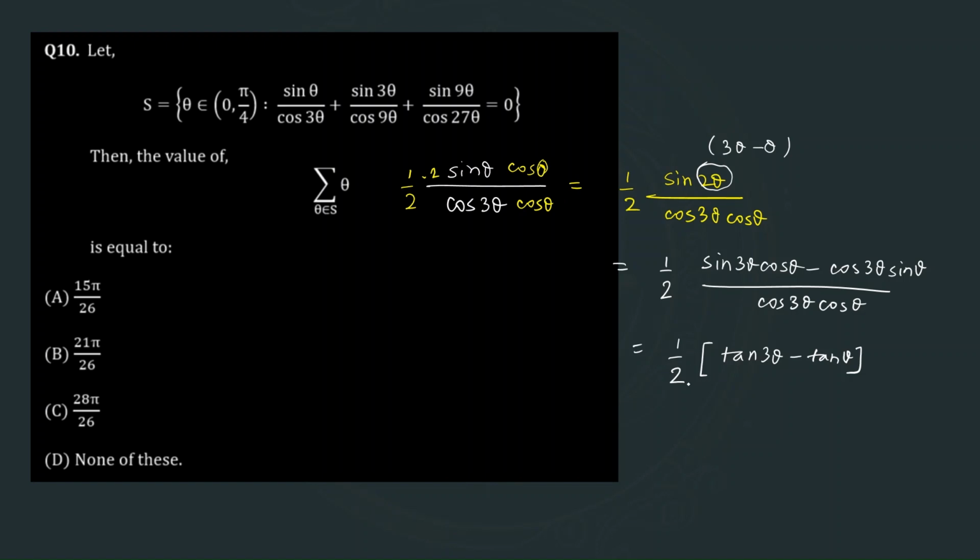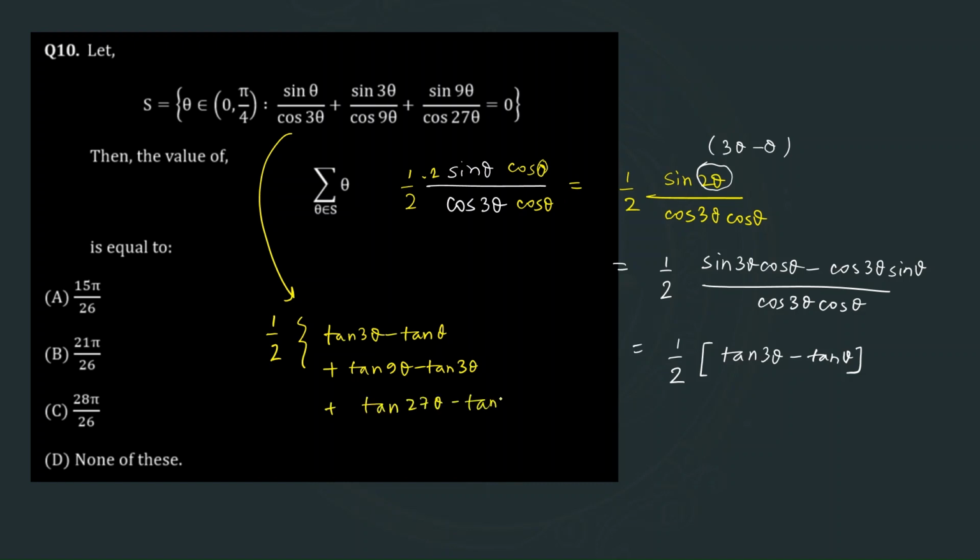This is a telescopic relation because for all the remaining terms, this will follow the same procedure. That means we can write this expression as half will come out as common, then tan 3 theta minus tan theta, plus tan 9 theta minus tan 3 theta, plus tan of 27 theta minus tan of 9 theta, equal to 0.